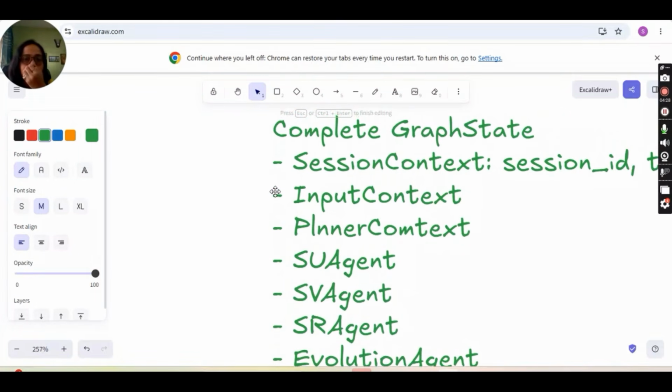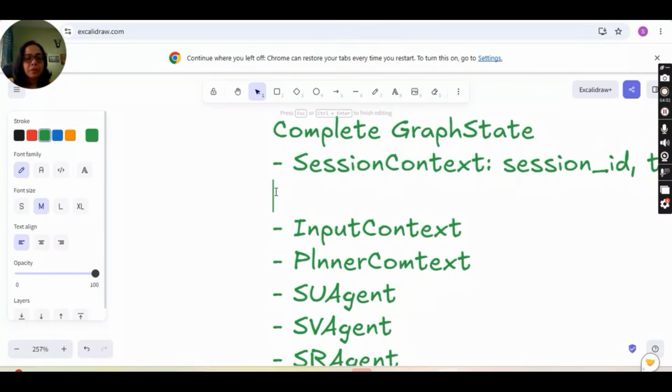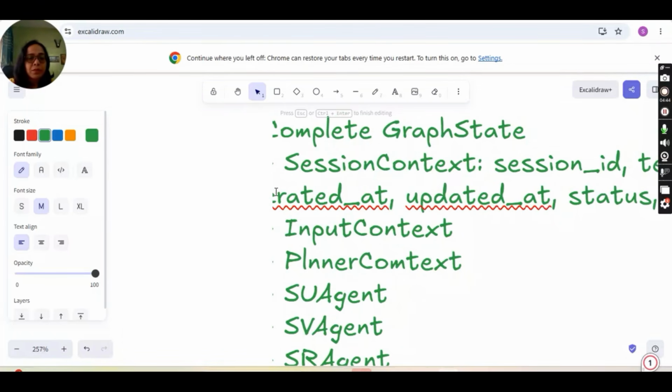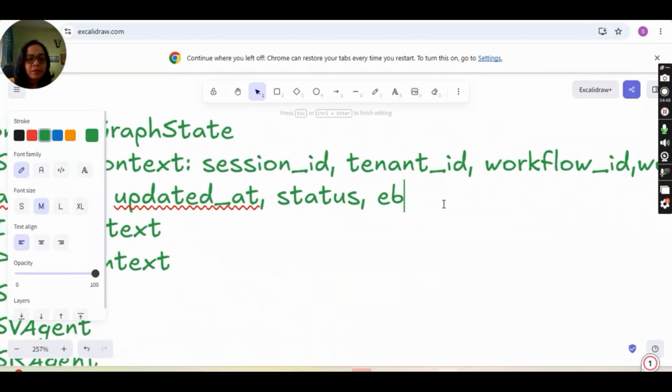So here what I can say: created at, updated at, started at, status, then environment, correlation ID.